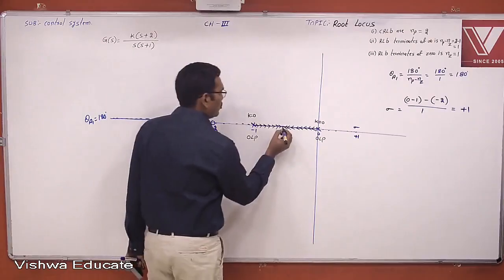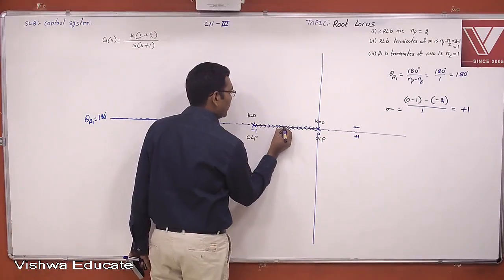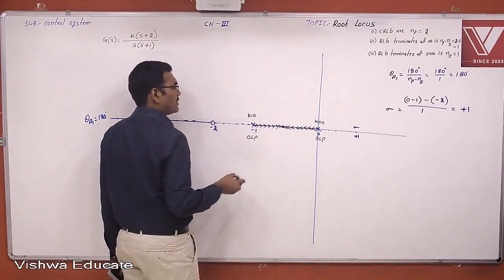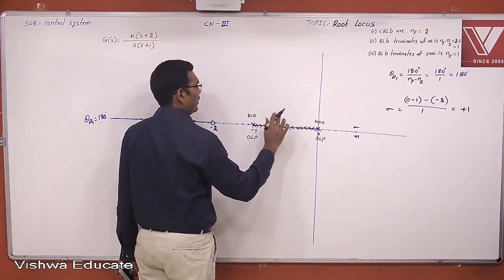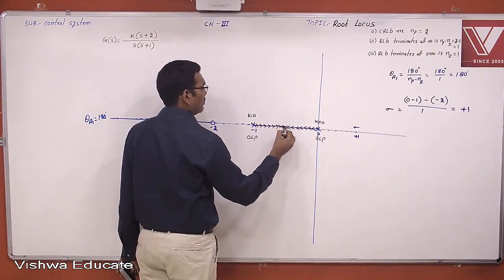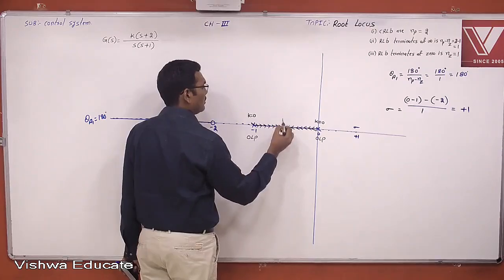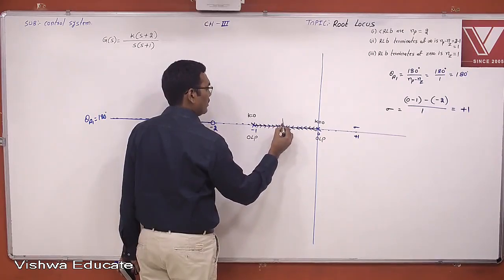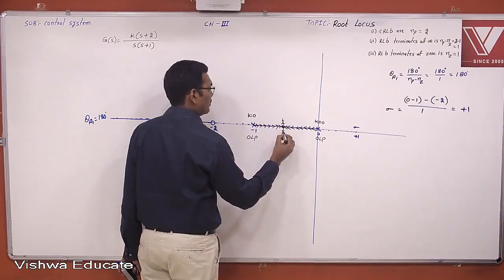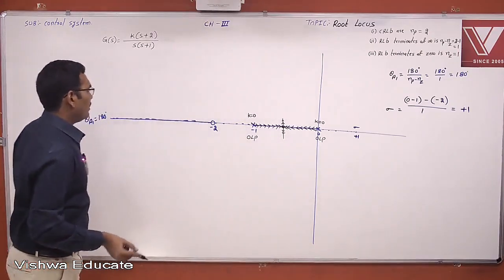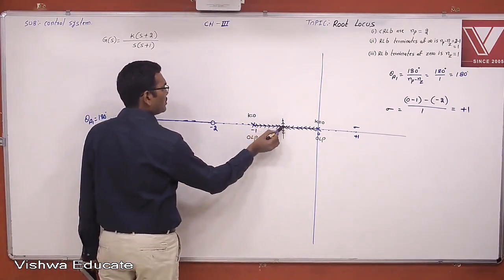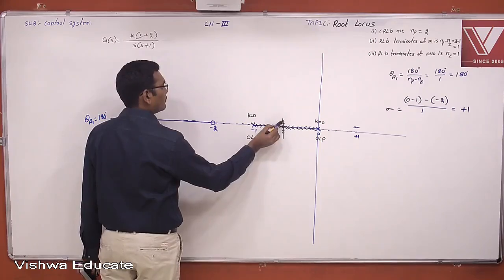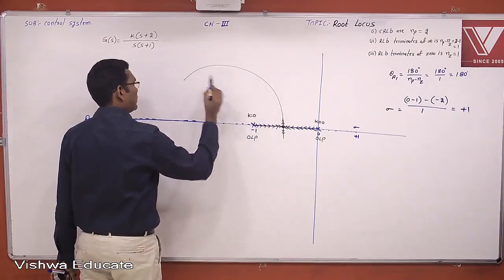Now these two closed loop poles meet at a particular point, which is nothing but a breakaway point. Now it leaves the real axis. After leaving, see here, it is searching for the zero.